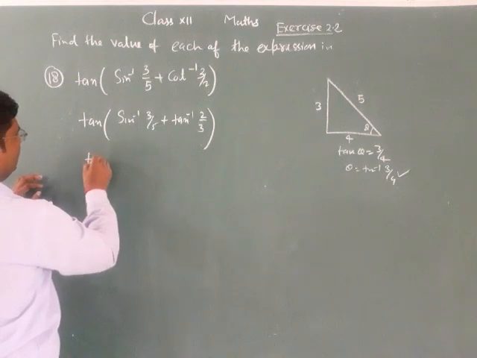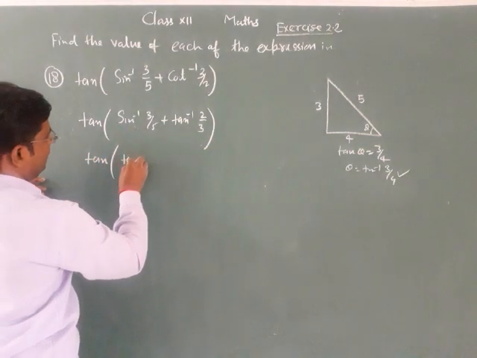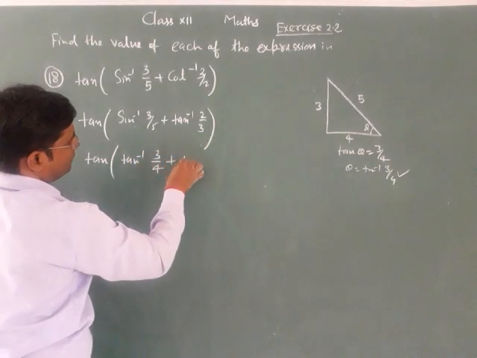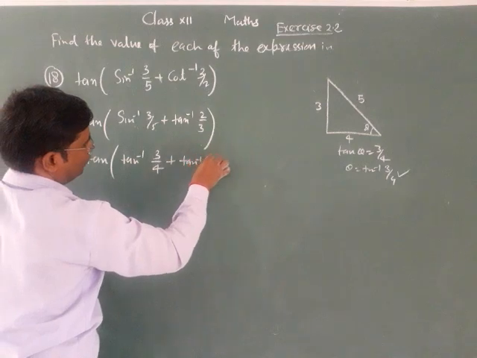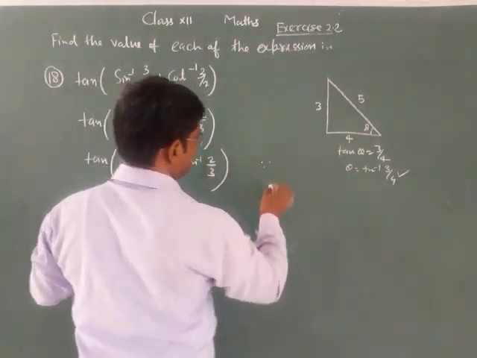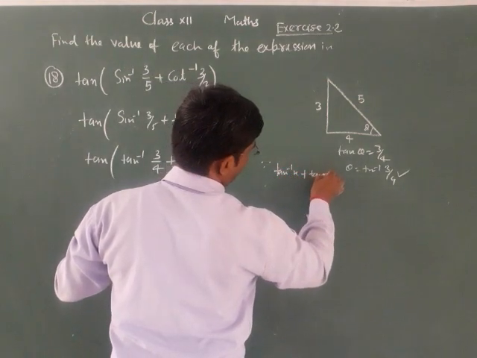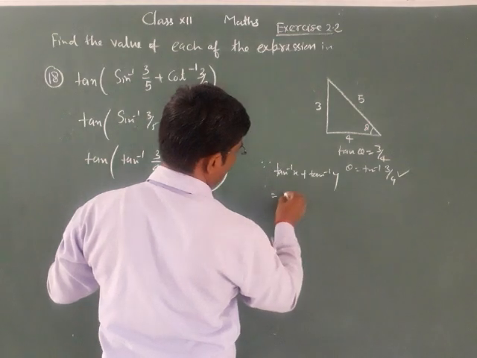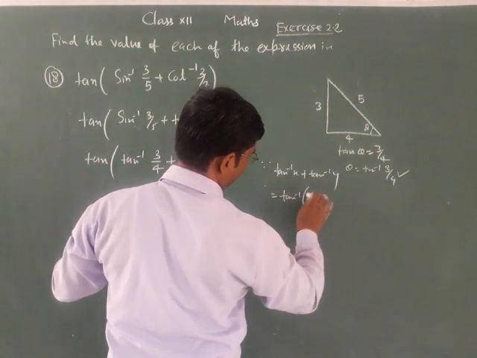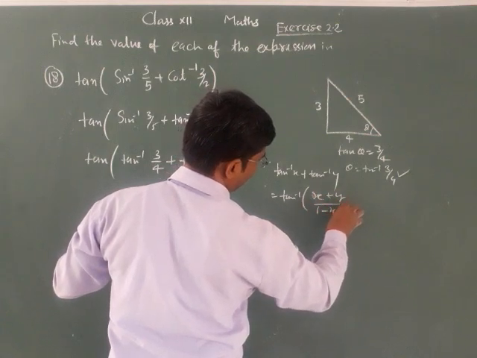This use in this way is place. So tan, this is tan inverse 3 by 4 and plus tan inverse 2 upon 3. So since tan inverse x plus tan inverse y is equal to tan inverse of (x plus y) upon (1 minus x into y).